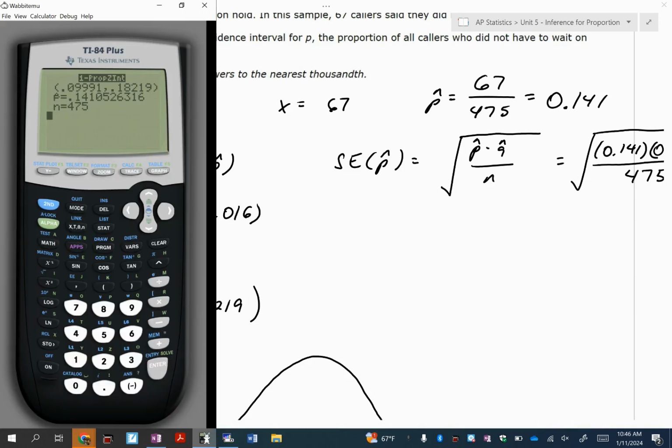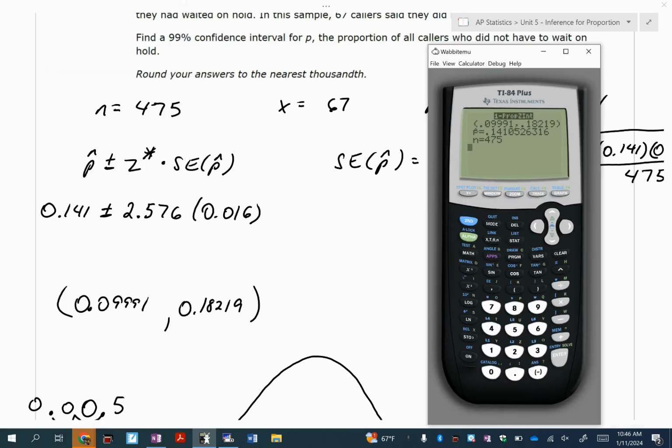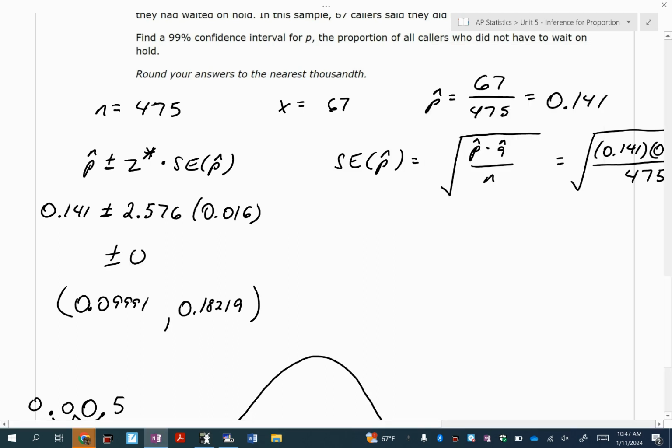Which one do you want to use to find the margin of error? The one with a bunch of nines? Okay, sure. So 0.09991 minus our p hat of 0.141 gives us 0.04109. Okay.